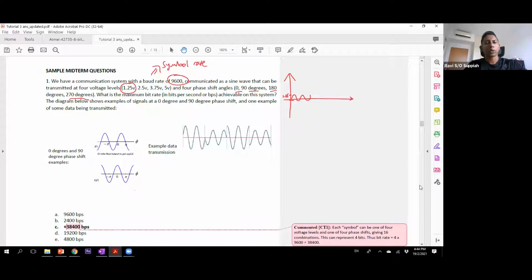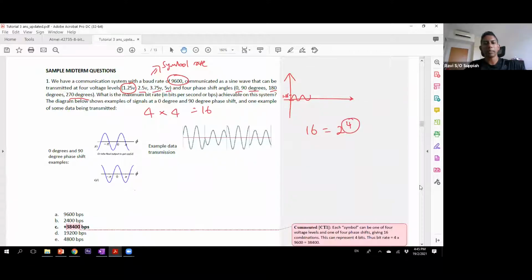And that also goes to 2.5 volts, 3.75, and 5 volts, correct? So for the voltage I have 4 and the phase I have 4, so in total I have 16 different variations to represent the data. These 16 different variations can be represented using 4 bits, correct?